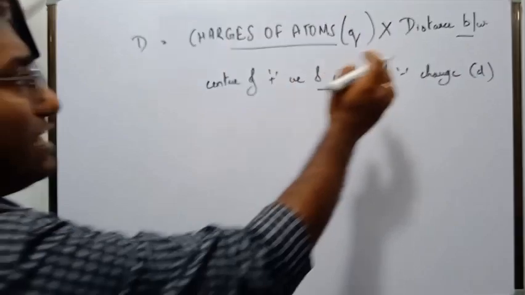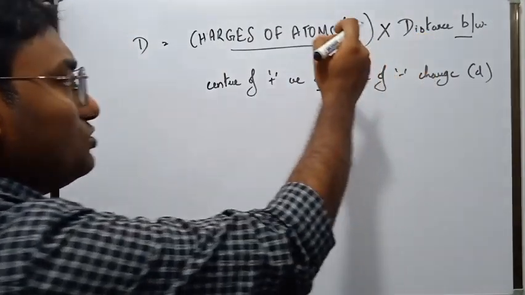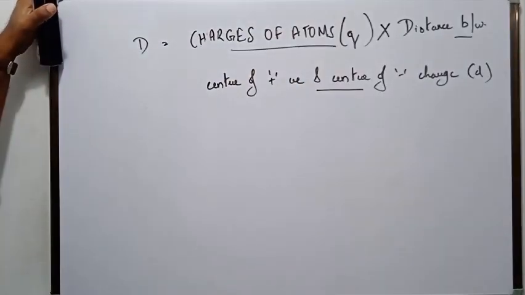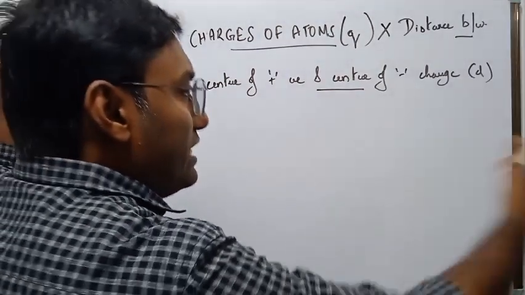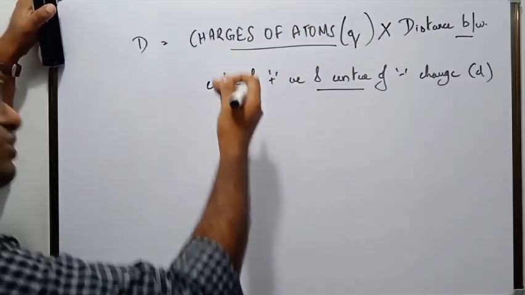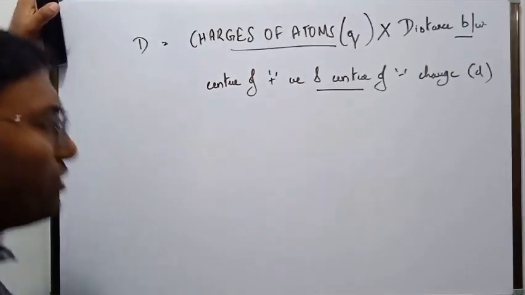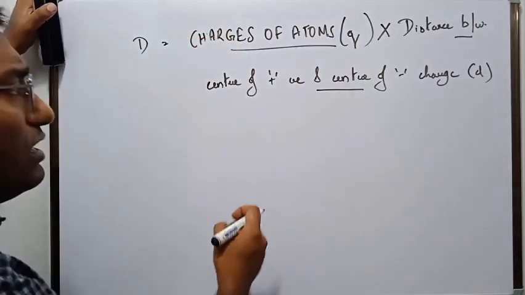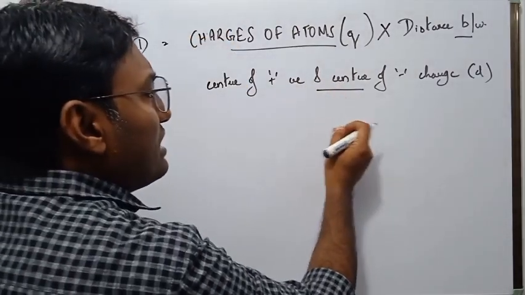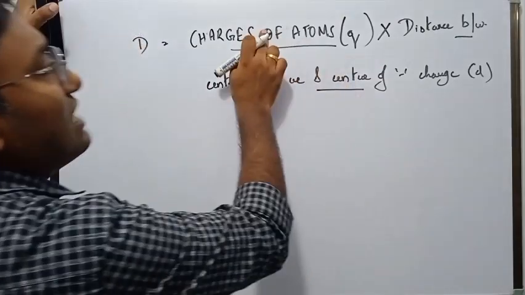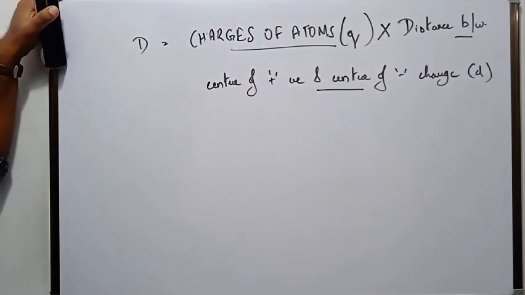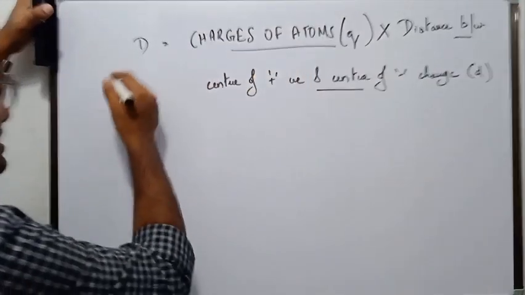Why does this have a lesser impact? Because as you go from left to right across the periodic table, or down a column, the distance does not increase as significantly as the charge varies. You got it? Let's take the example of the halogens.